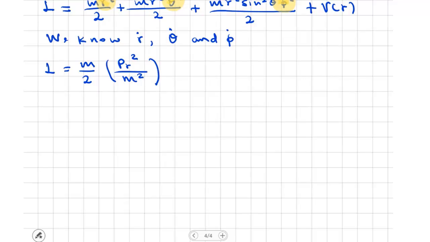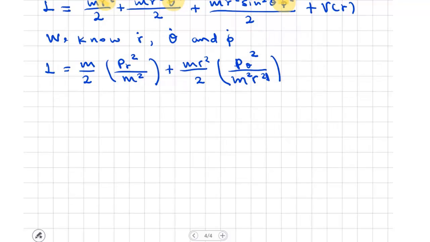So the same for the second term, the mass multiplying r squared dividing 2 multiplying theta dot squared, but we know that theta dot is p theta dividing the mass r squared, but because theta dot is squared, we have to have the second power in the numerator and the denominator. So we get p theta squared dividing the mass squared multiplying r to the 4th power.